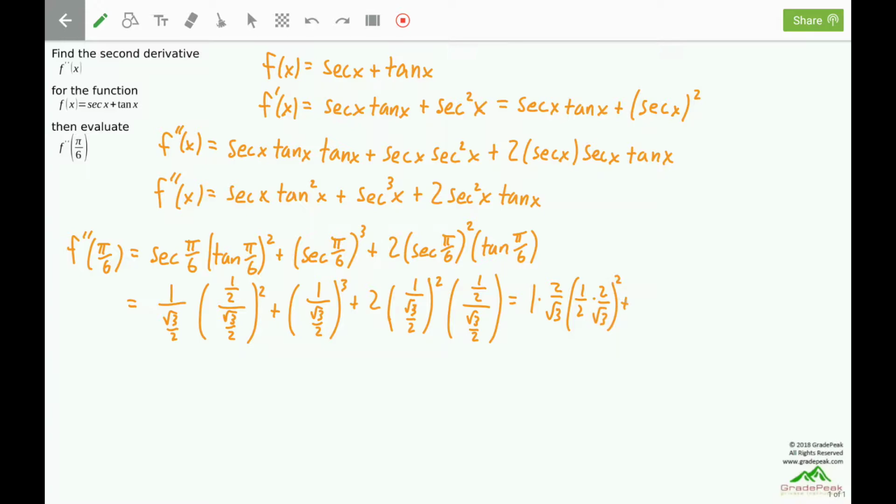Then we have a plus 1 times 2 over root 3 cubed. And then we have a 2 times 1 times 2 over root 3 squared, and a 1 over 2 times 2 over root 3.